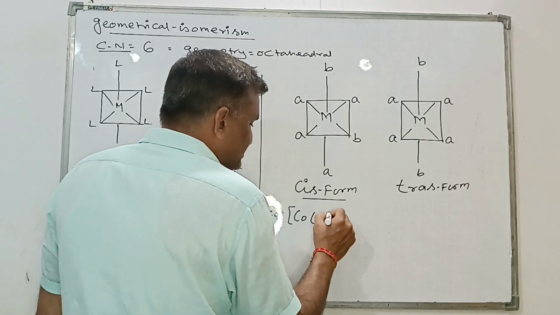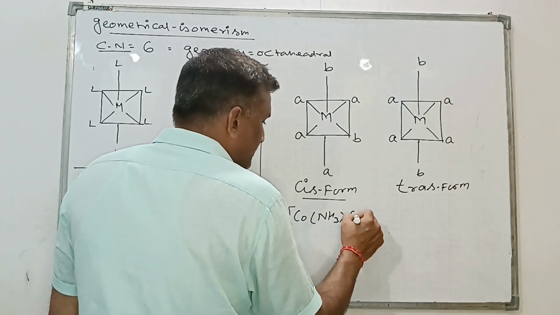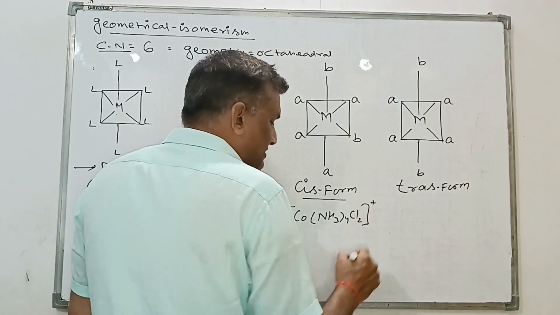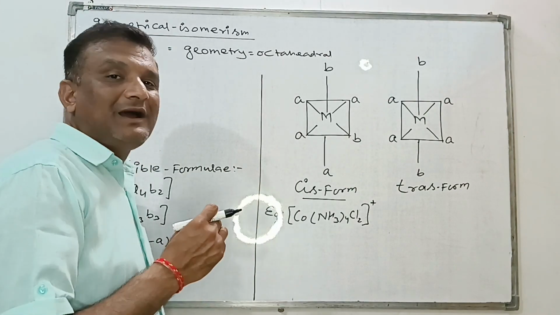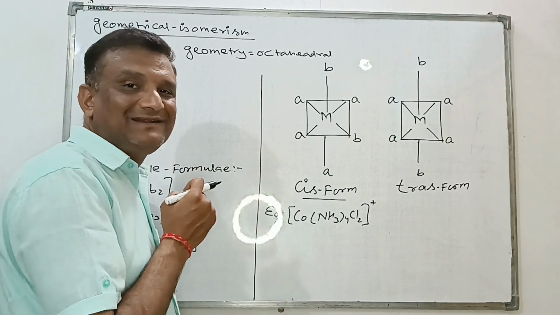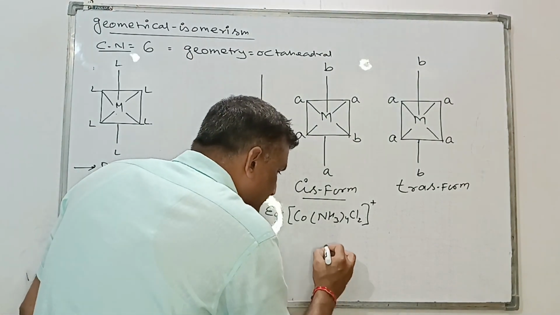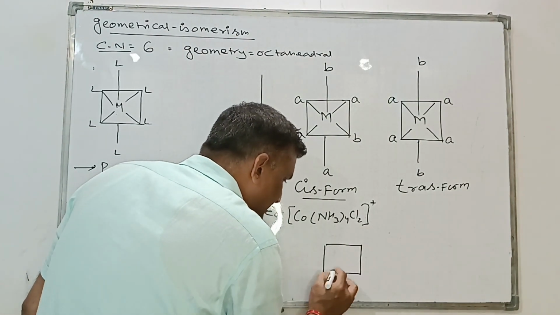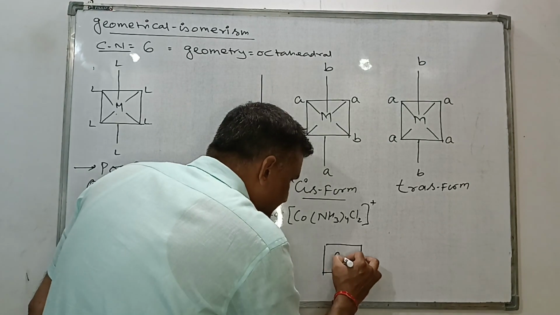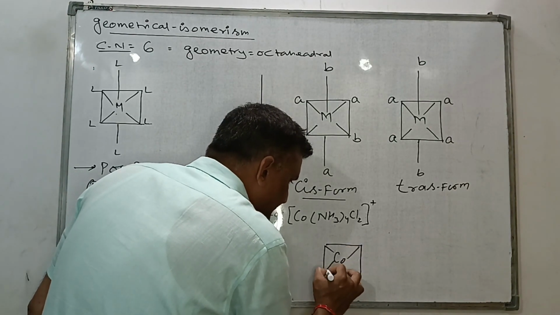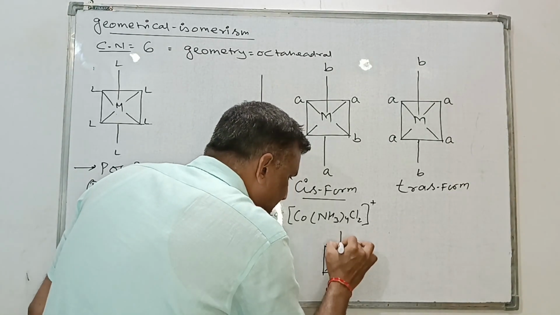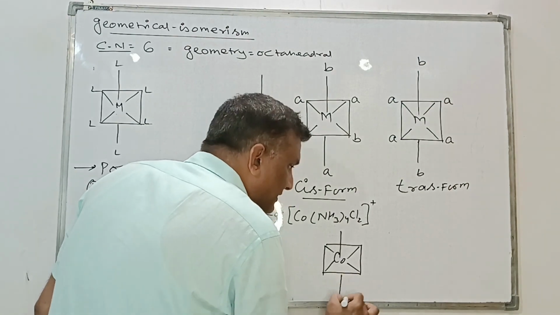This is your [Co(NH3)4Cl2]+. Many of the students are confused regarding keeping the ligands, so listen to me carefully. This is the cobalt like this square. This is the cobalt above the plane. This is below the plane.